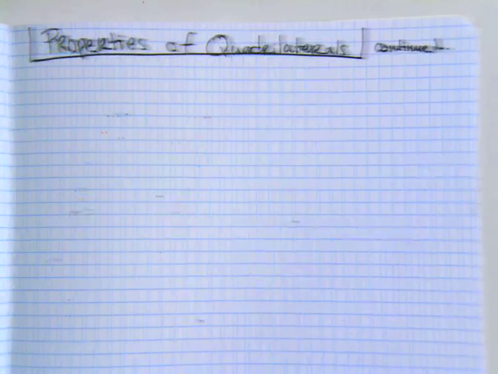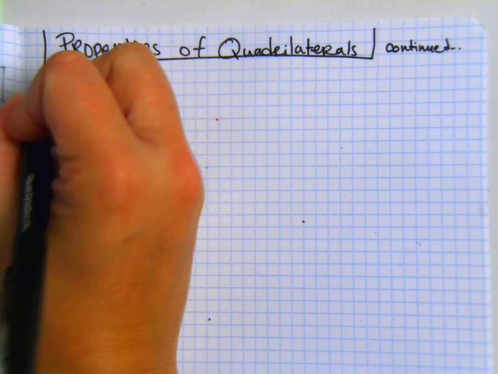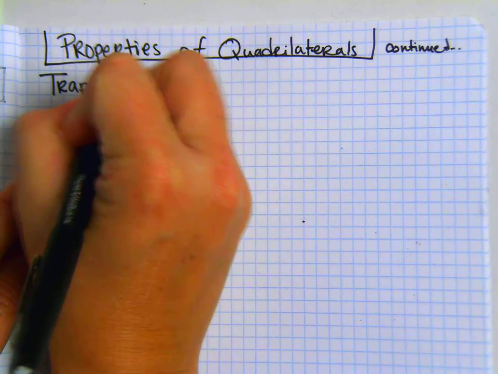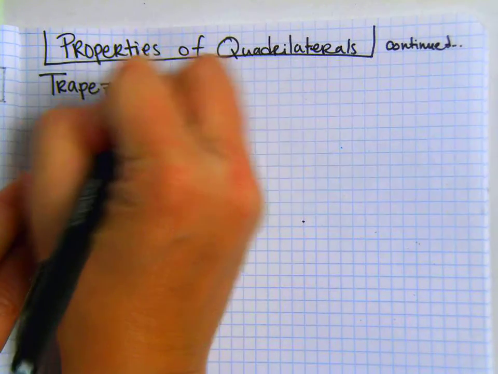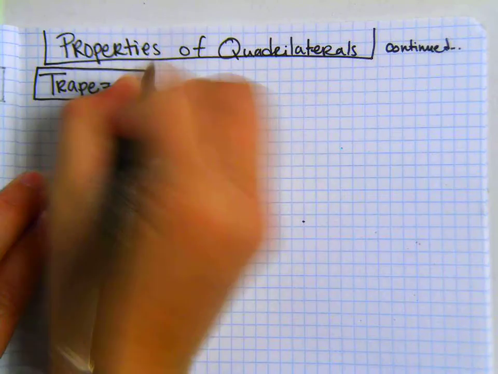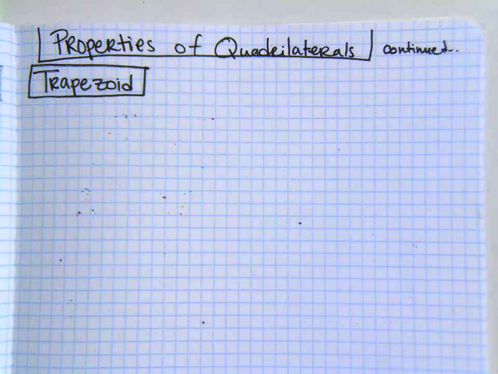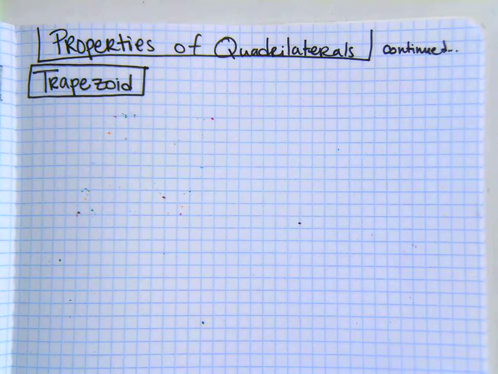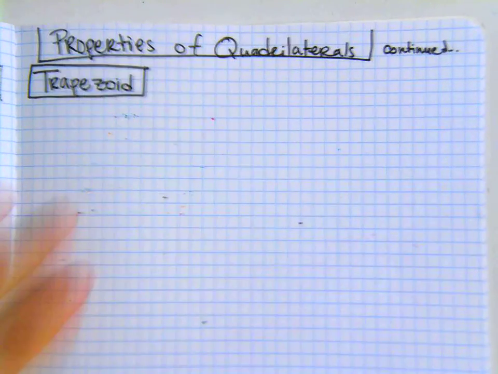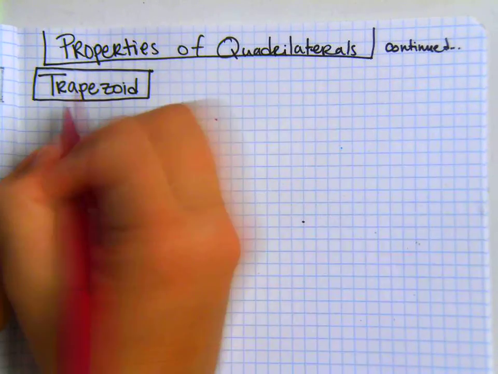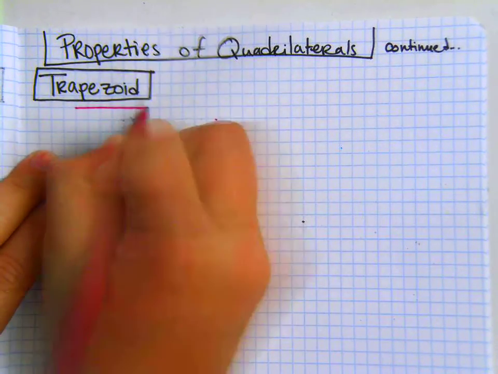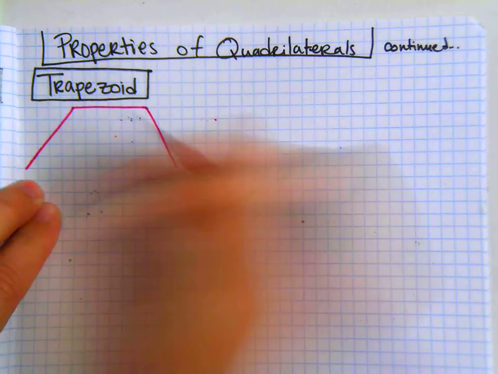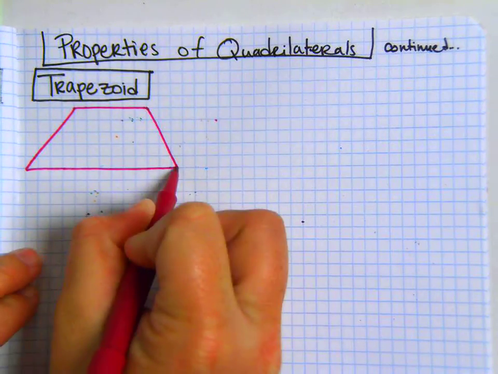The first one we're going to put is trapezoid. So trapezoid, we're actually going to talk about 3 different types of trapezoids. So we're going to draw 3 different types. So the first one will look like that.